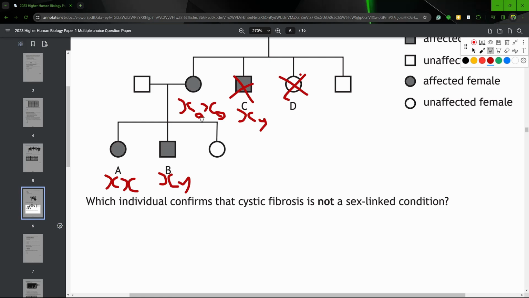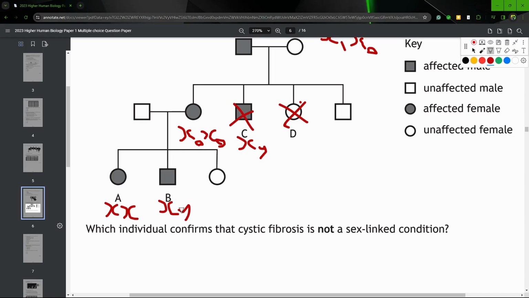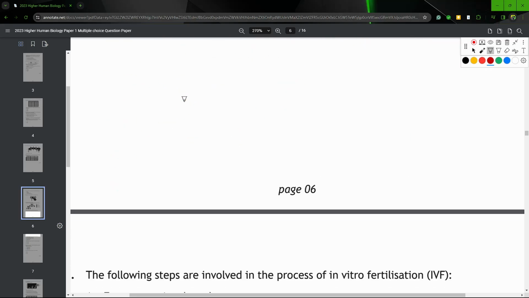So B still could be sex-linked, because he'll receive his Y chromosome from his father. If the mother has 2 faulty X chromosomes, he's guaranteed to have it, because his only X chromosome comes from his mother. But A is affected and has 2 X chromosomes, and here the father's fine. His only X chromosome has no mutations on it.